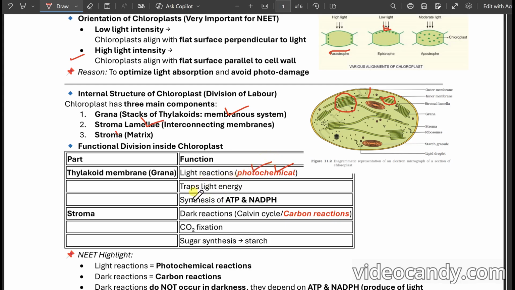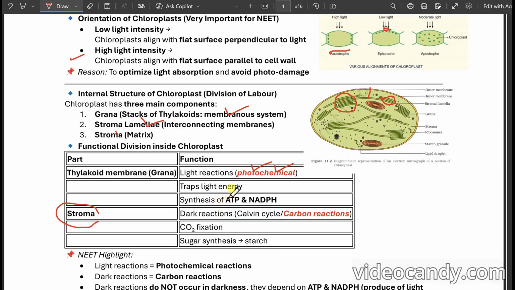It traps light energy and also synthesis of ADP, ATP and NADPH. स्ट्रोमा में क्या होता है? डार्क रिएक्शन होता है. इसको आल्सो कॉल्ड एज केल्विन साइकिल और कार्बन रिएक्शंस. क्यों? इधर जो लाइट रिएक्शंस का आउटपुट रहता है एटीपी एनएडीपीएच, उसके आउटपुट के ऊपर ये रिएक्शंस होता है. मतलब CO2 फिक्सेशन होता है, शुगर सिंथेसिस होता है और स्टार्च में होता है. इसको डार्क रिएक्शंस बोलते हैं. ऐसा नहीं है कि स्ट्रोमा में डार्क रिएक्शन जब लाइट है तब नहीं होगा, ऐसा नहीं होता है.